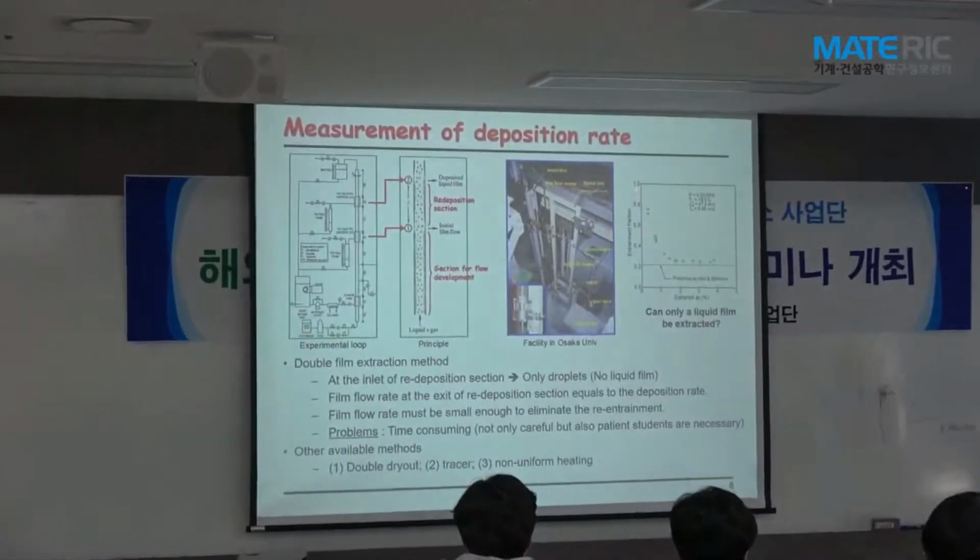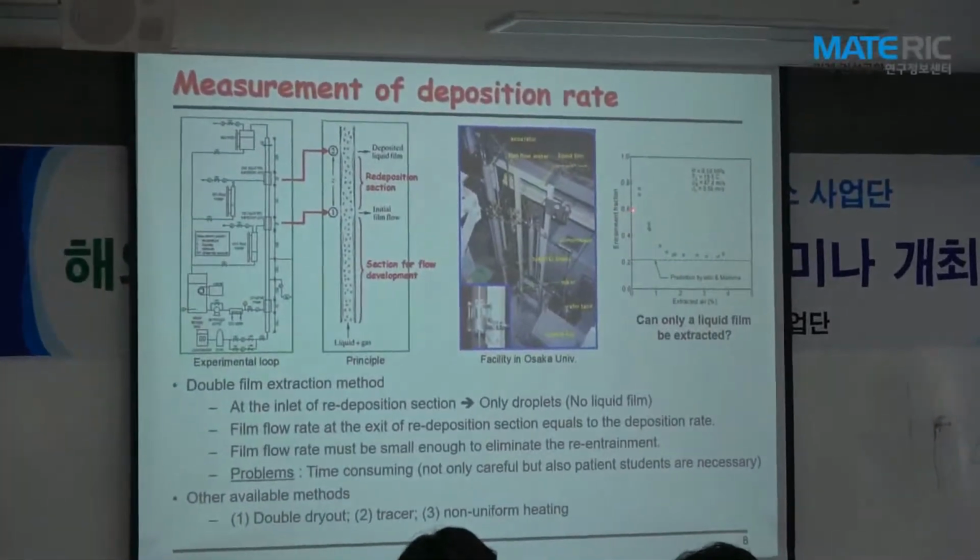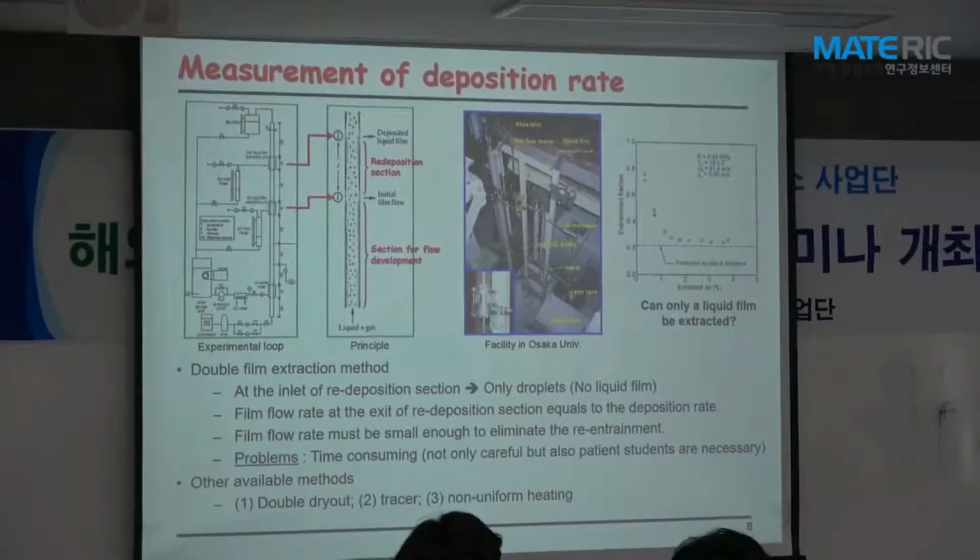Because this vertical axis is droplet flow rate, the reduction means more liquid was extracted as the liquid film. Okay? You may expect that if more air is extracted, more liquid is also extracted. However, this figure indicates that the air flow rate increases, but the extracted liquid flow rate is almost constant.